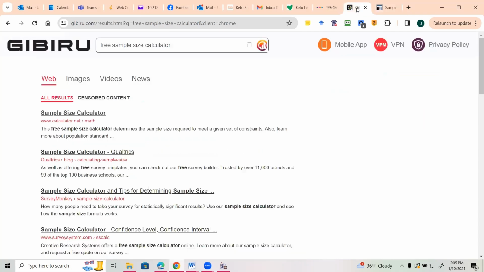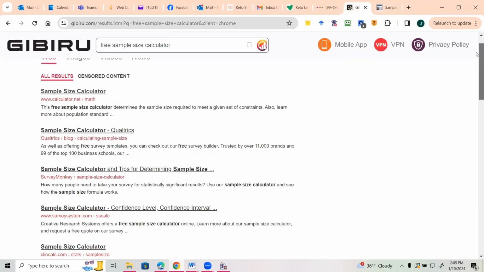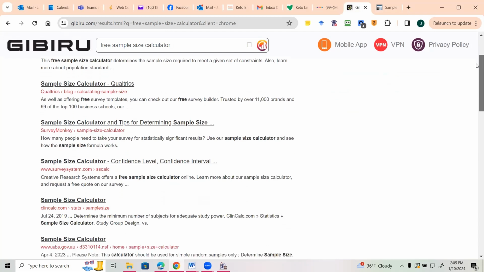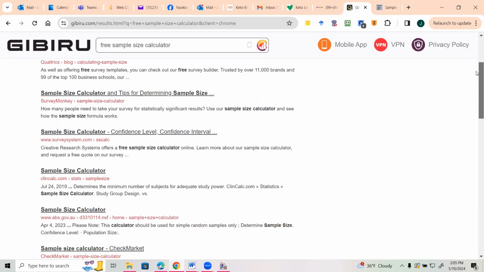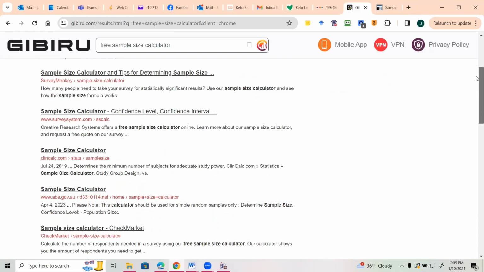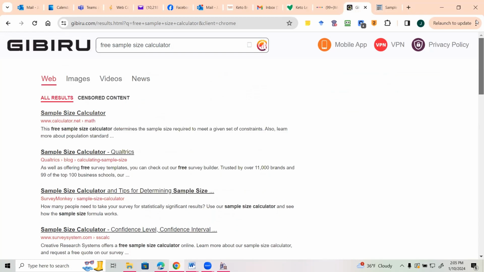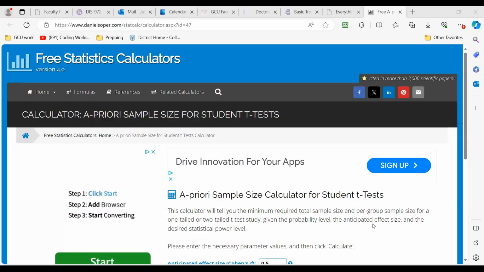Now, there is also another kind of sample size calculator that I was trying to find. Okay, scholars, this other one I mentioned in my lecture. Okay. So many of the free sample size calculators out there, you have to know exactly what kind of statistical test you're going to use in order to be able to use it.